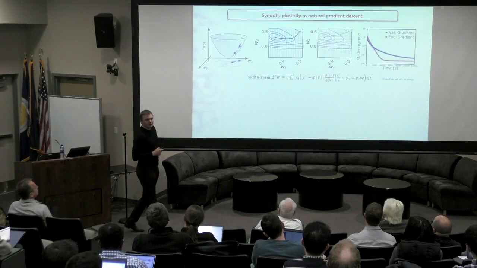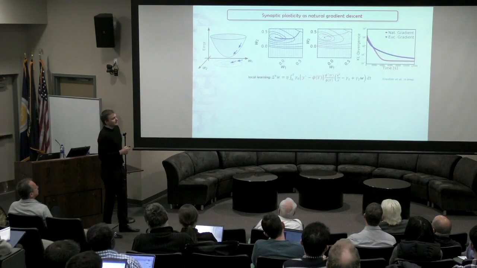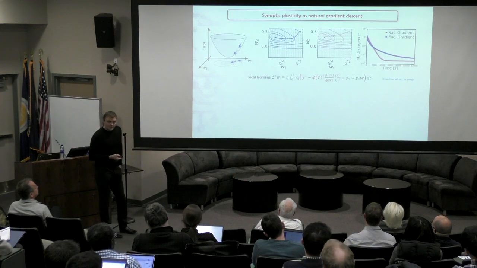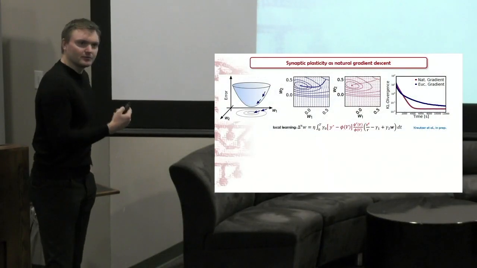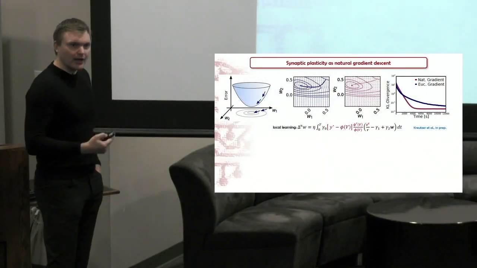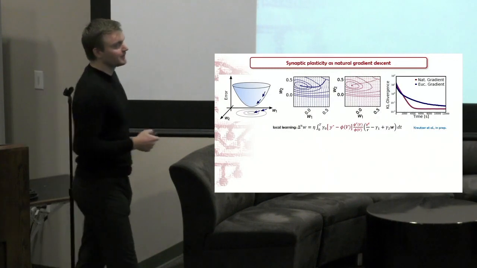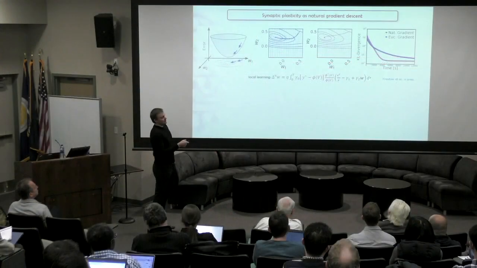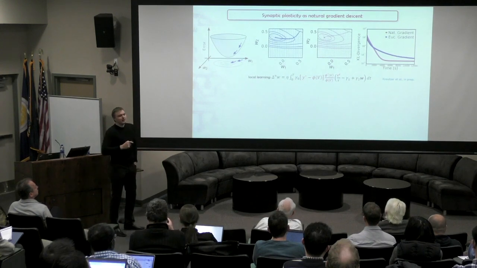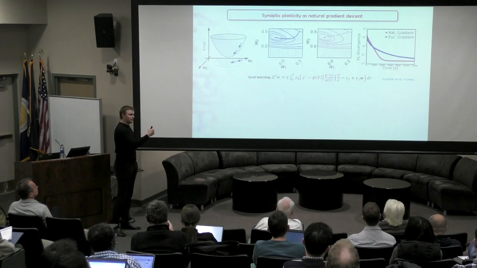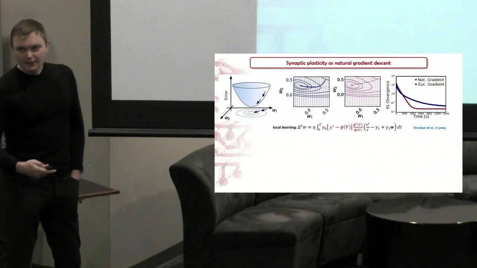This is the Urbanczik-Senn learning rule. So this is biologically plausible and can be implemented in other physical systems that require locality, such as neuromorphic hardware. These other terms over here are also local, and they make the difference between Euclidean gradient descent and natural gradient descent.